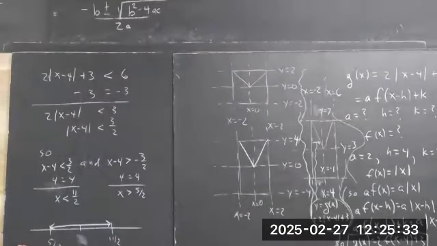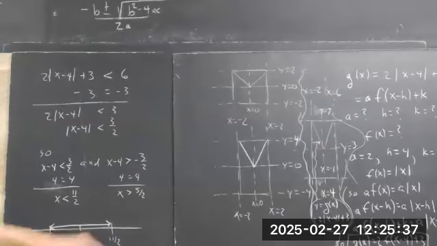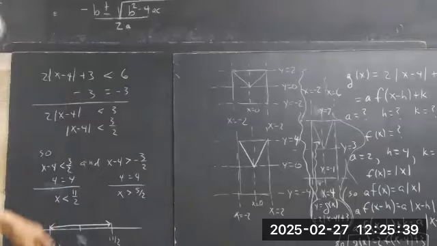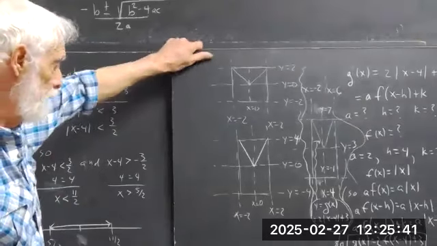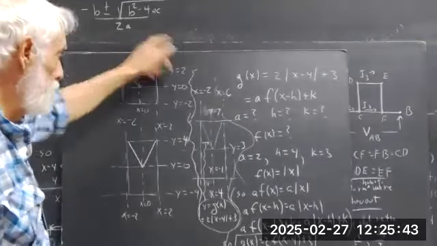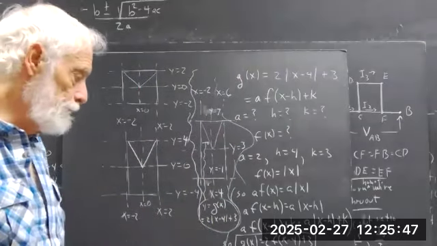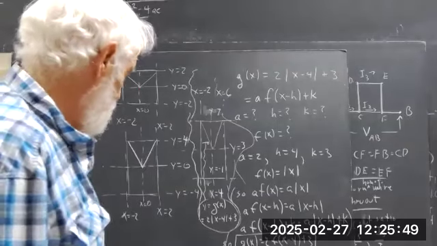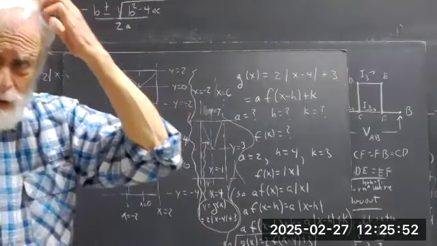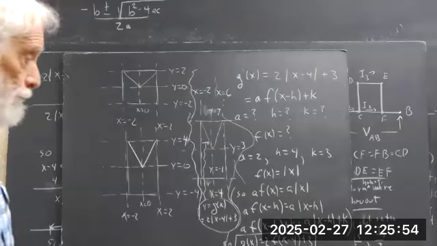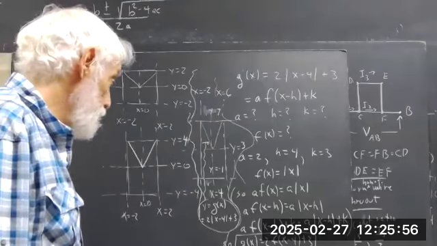Right here is the stuff I did with the absolute value function. Right there is the inequality. Right here is the structure. I think everything important was visible. It almost looks like the camera decided to shift at some point.